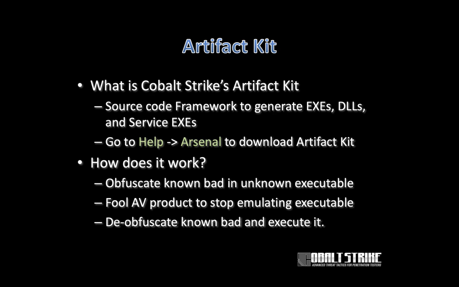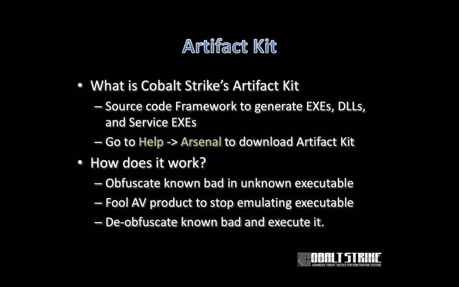When Cobalt Strike generates an executable or DLL, it asks its scripting engine, can you generate this executable or DLL for me? And if a loaded script says yes, Cobalt Strike says, okay, well, here's my shellcode. Give me that executable or DLL. And the script turns that over, and Cobalt Strike uses that instead of what's built in.